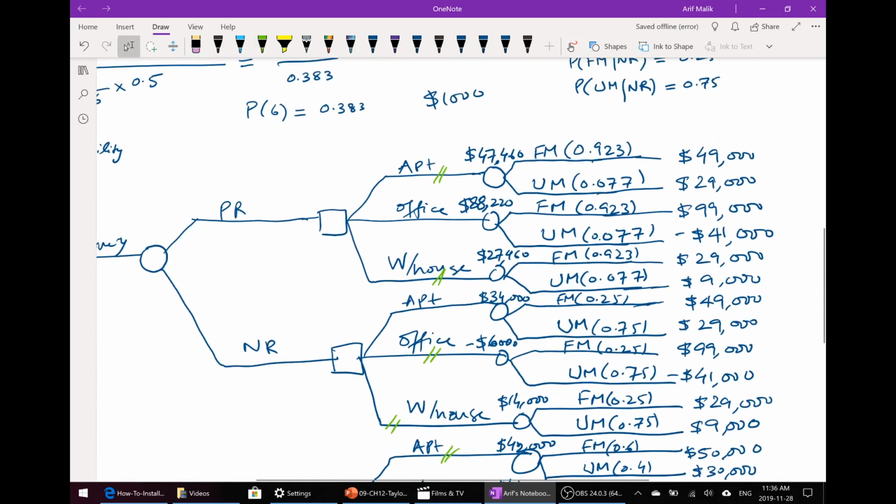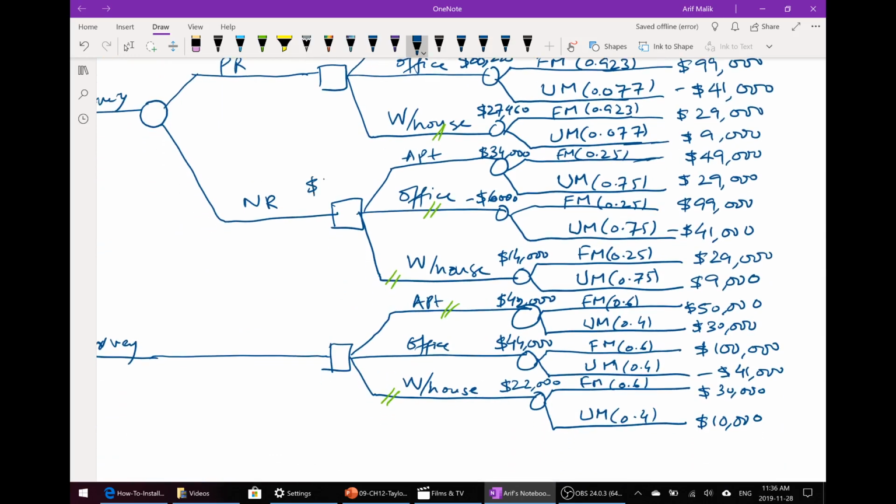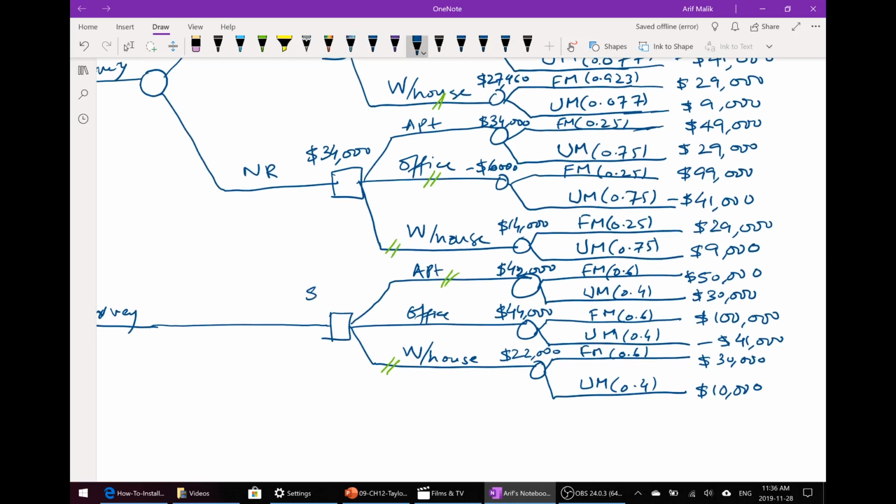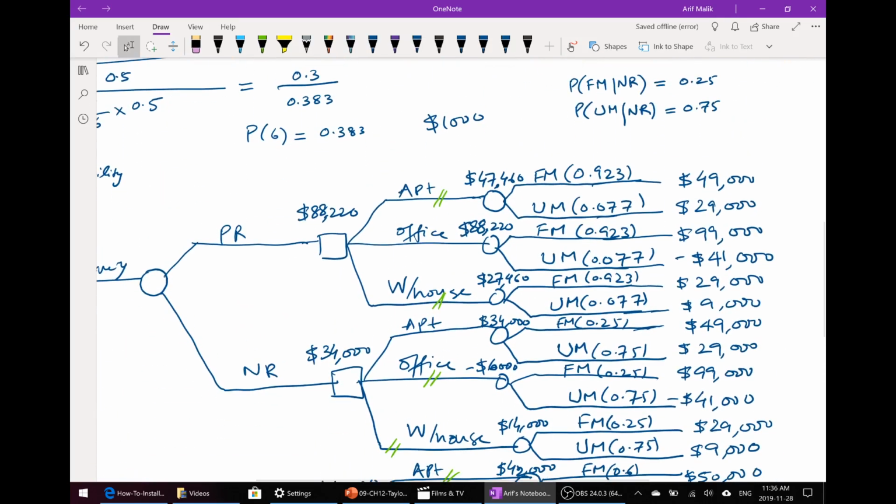And then we put the best values here. The best values are $88,220 and $34,000, and this one is $44,000. Now the probability of getting positive report was 0.52, and the probability of negative report was 0.48.